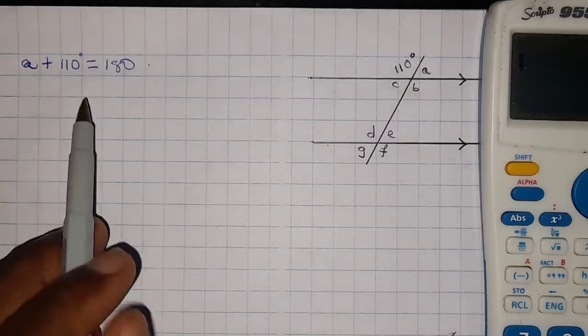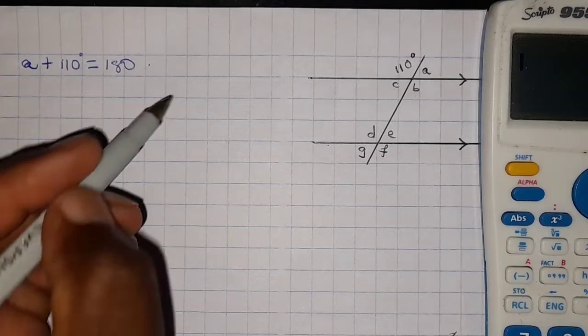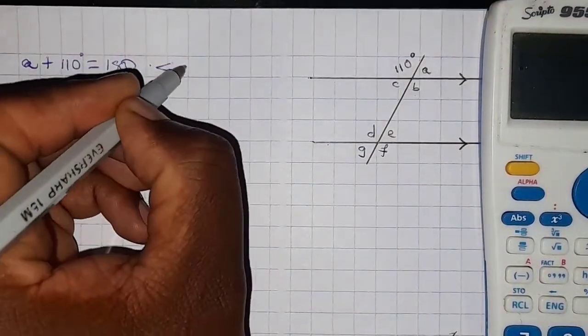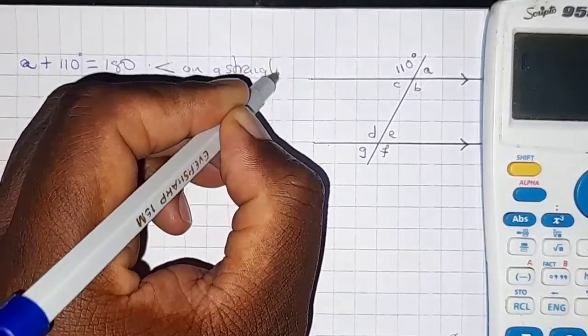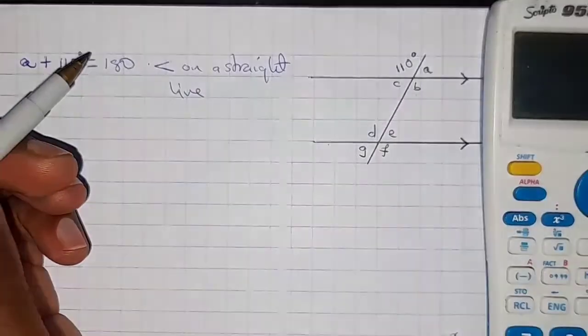And we say the reason, remember, in Euclidean geometry, you are supposed to give a reason for every one of your answers. So on this one, we are saying they add up to 180 because they are angles on a straight line.